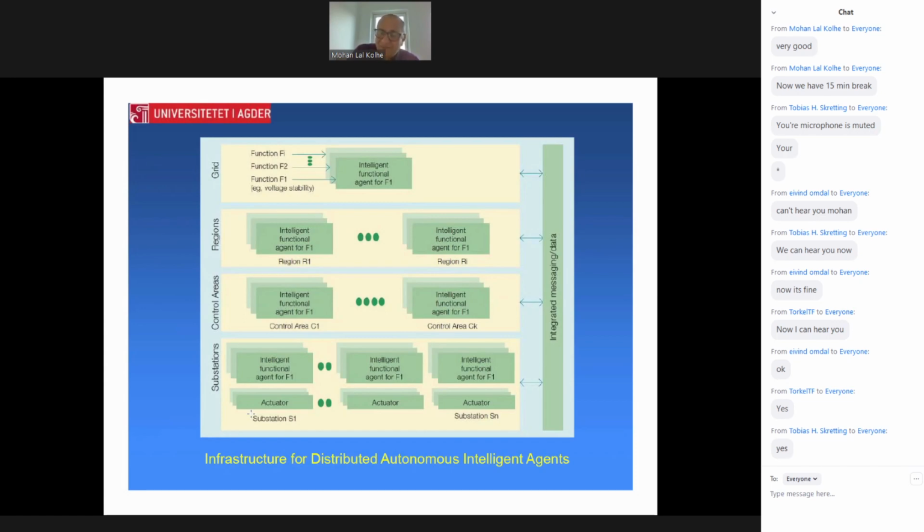So it depends on which type of information has been collected through these intelligent agents, and how it is going to be used for controlling the system, either for the primary control, secondary control, or tertiary control of the energy system. At one point, we will study how the primary control works, how the secondary control works, and how the tertiary control works.